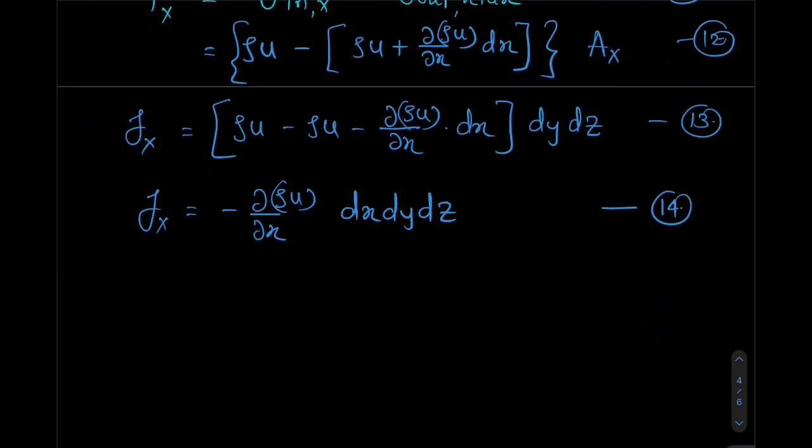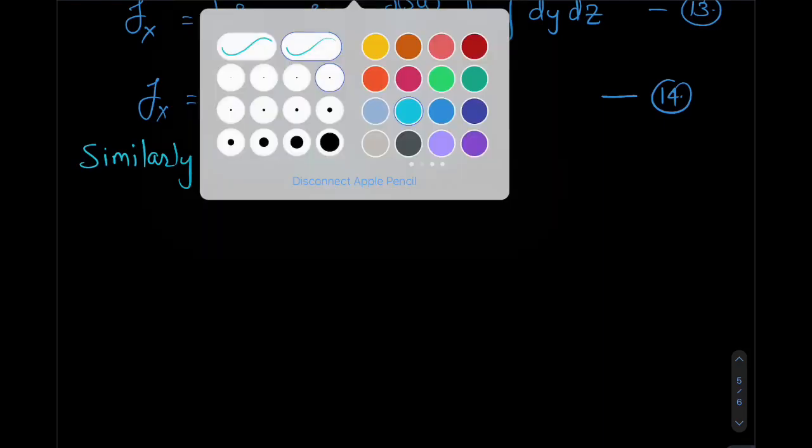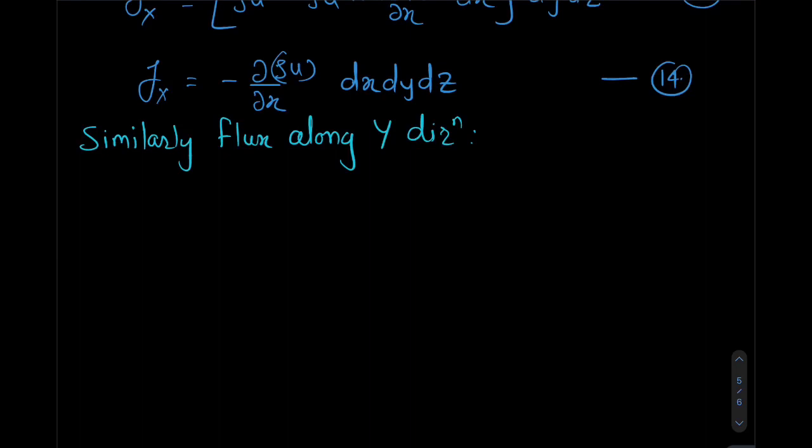Okay, now similarly we can obtain the flux along the y direction, identical to the x direction. So we have Fy, the in minus out flux at y plus dy.